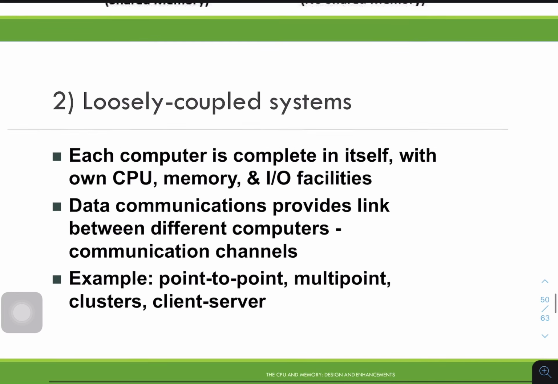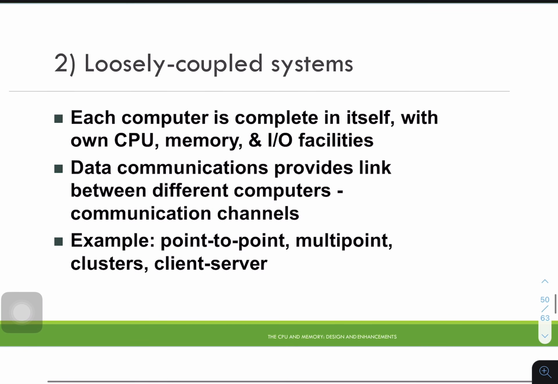Okay. Dan kalau yang loosely coupled pula, jenis yang kedua ni adalah dia kata each computer is complete in itself with own CPU, memory and I/O facilities. So each computer or the CPU, dia ada CPU dia sendiri, dia ada memory dia sendiri, dia ada input outputnya sendiri. So ini adalah loosely coupled.